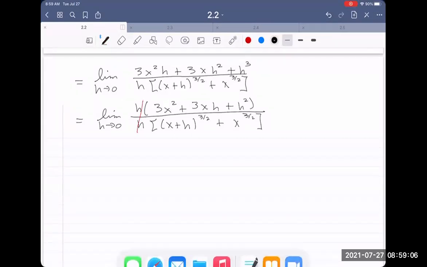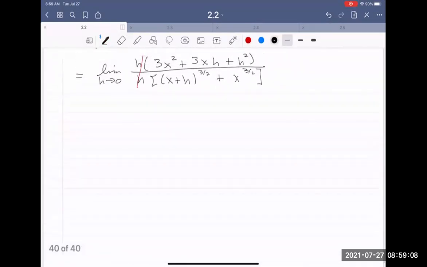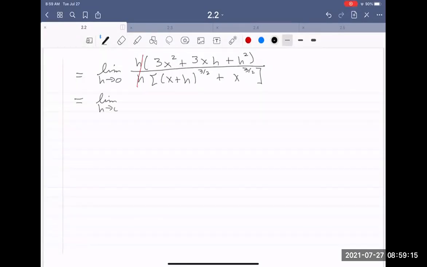So this is the limit as h approaches 0 of 3x squared plus 3x h plus h squared over x plus h to 3/2 plus x to 3/2.